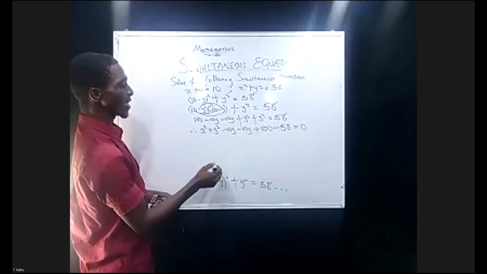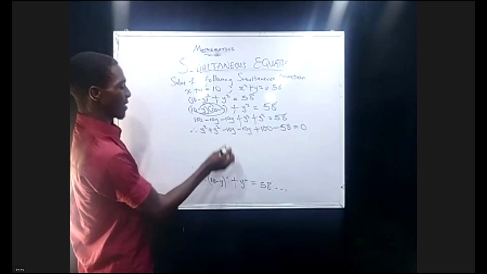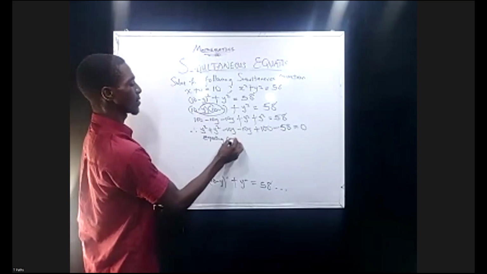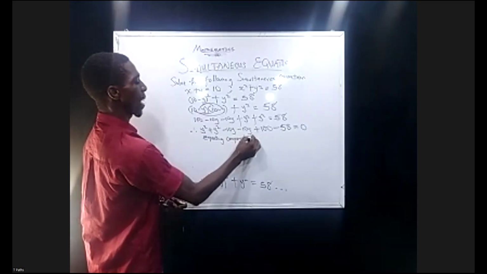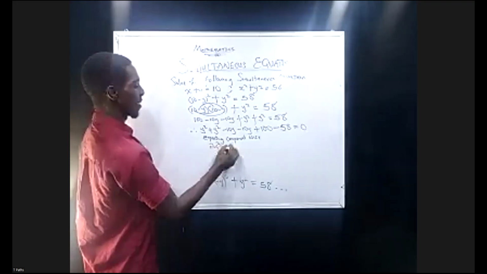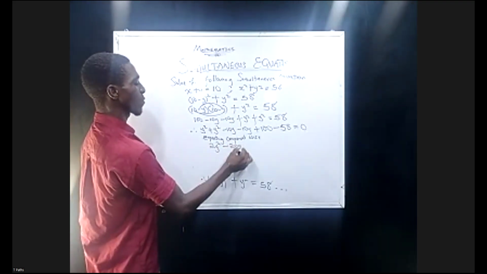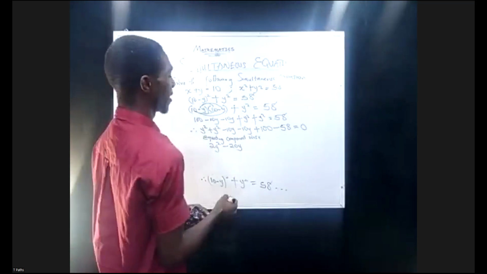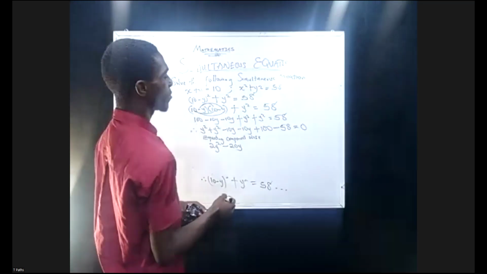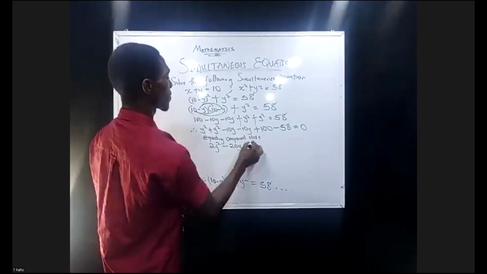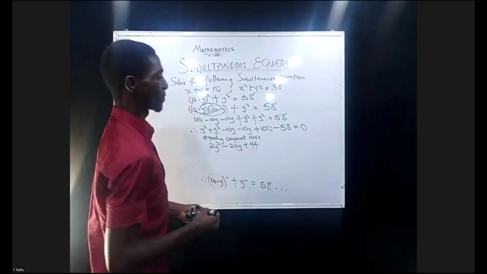This is called equating component-wise. So we have 2y squared minus 20y, then 100 minus 58 should give us the value of 44. So I have plus 44.